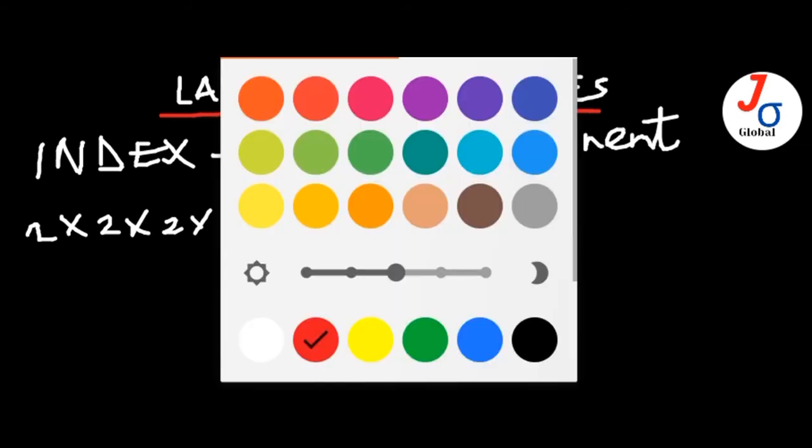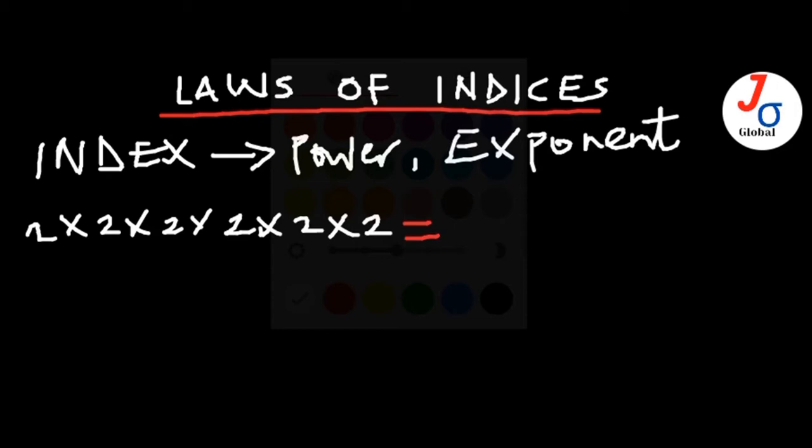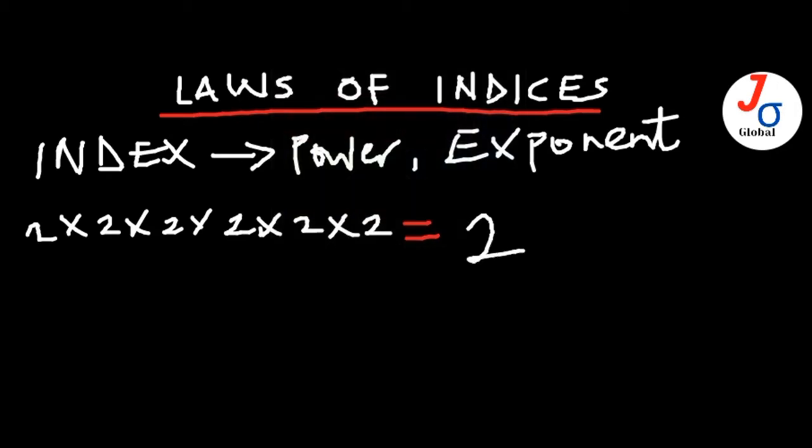The short form of writing all of this is to write 2 to the power of how many are there? 1, 2, 3, 4, 5, 6. So I'm going to write that 6 at the top.